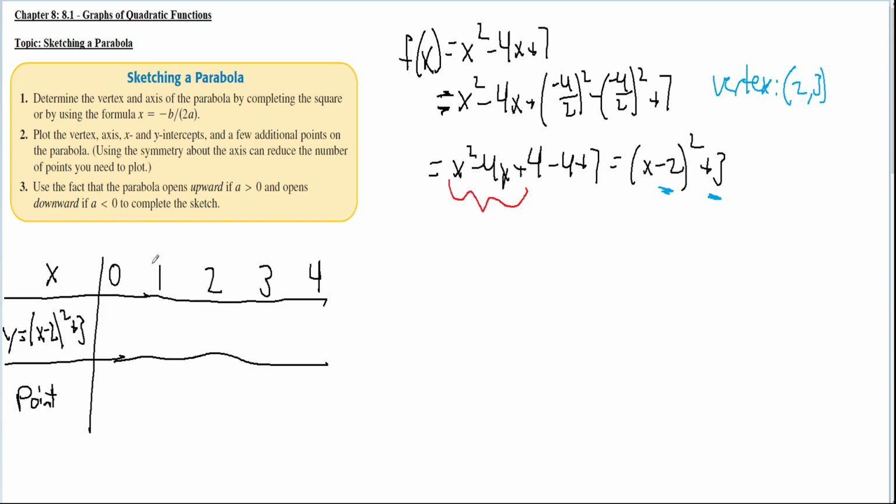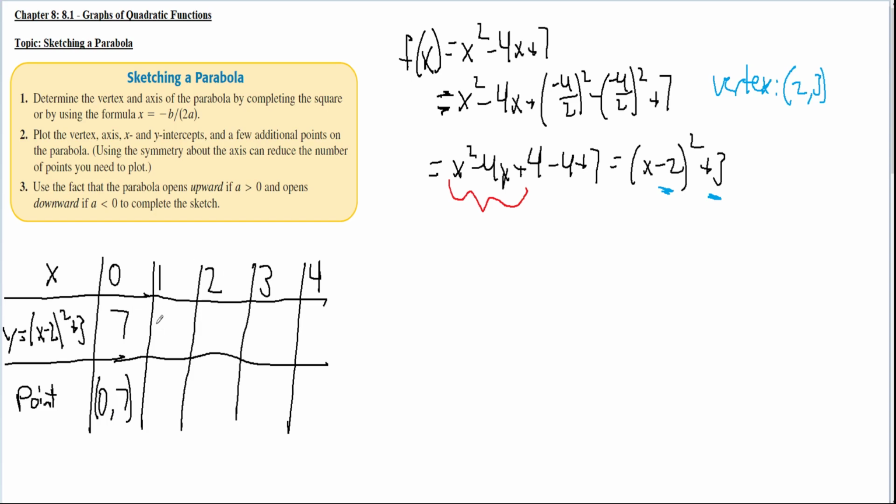And so when we plug in each of those into our equation, what do we end up with? When we plug in 0, we have 0 minus 2, which is negative 2. So negative 2 squared is 4, and then plus 3 gives us 7. So our point is 0, 7.